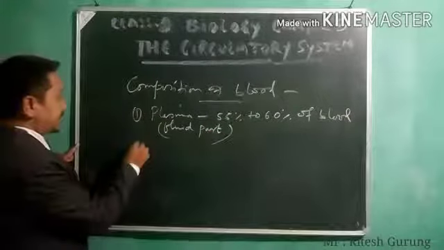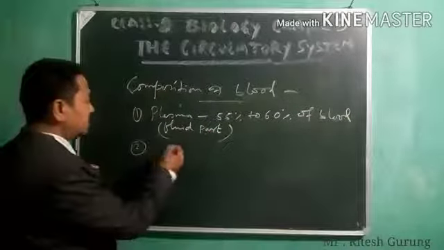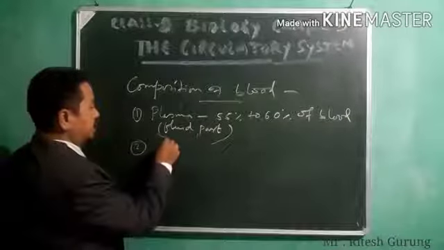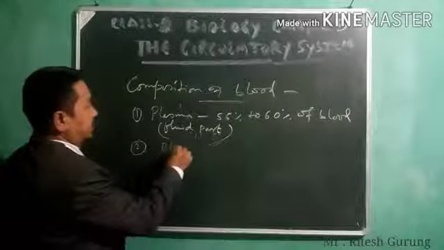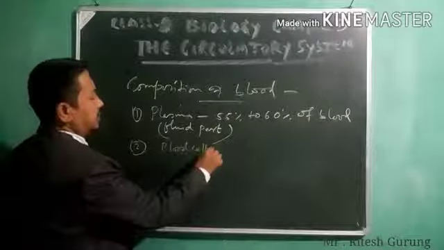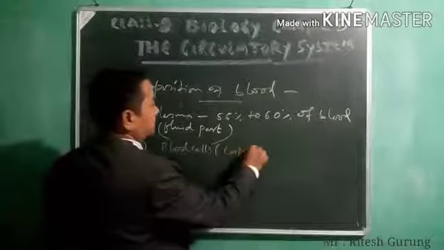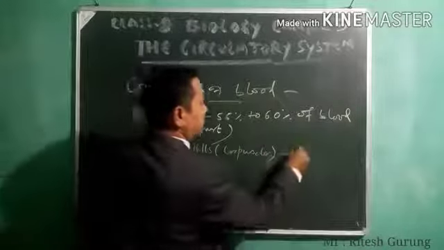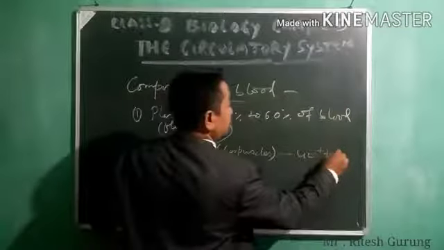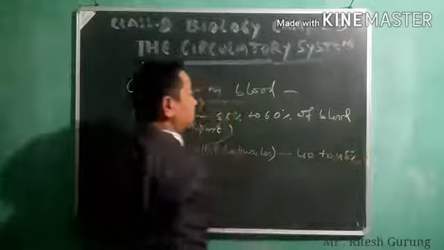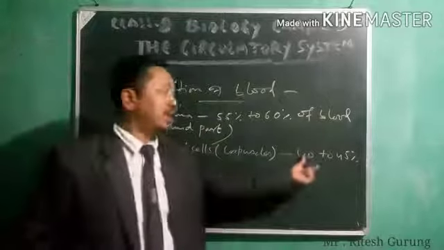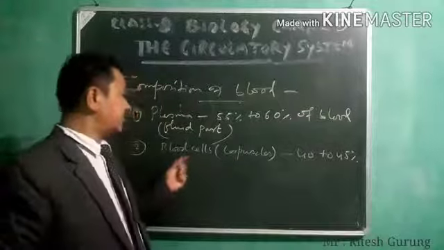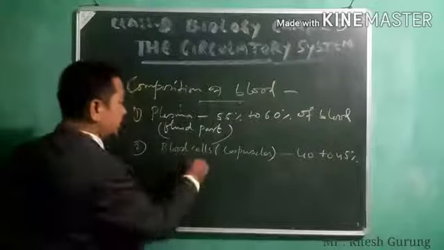Then the second one is corpuscles, blood cells or blood corpuscles, consisting of 40 to 45%. That means 40 to 45% of the blood consists of blood cells, which are of three types.